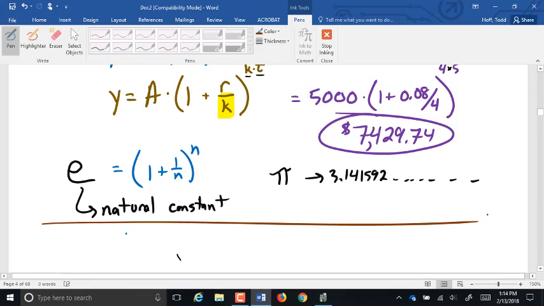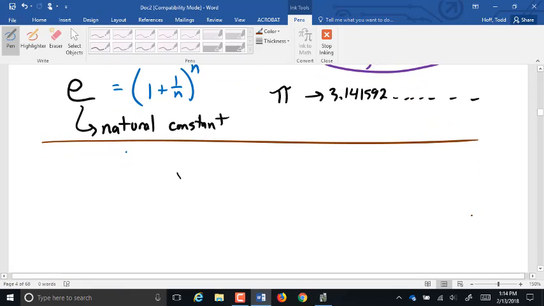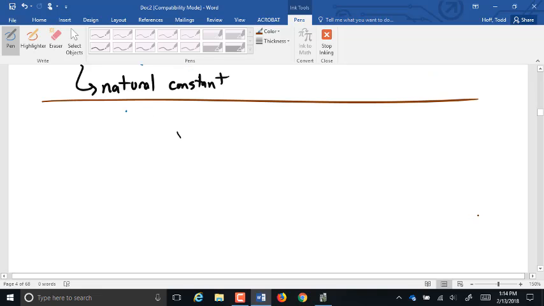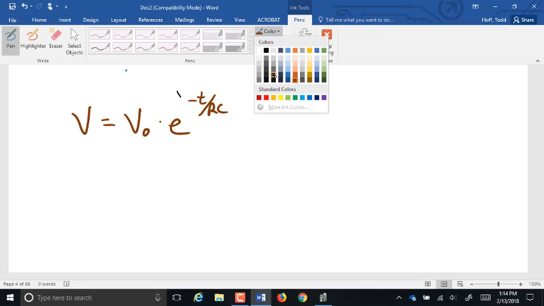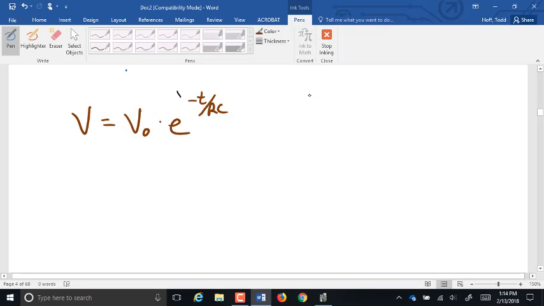So e governs the decay of voltage in a capacitive circuit. So the voltage in a capacitive circuit is equal to the initial voltage times e to the power of negative t divided by RC, where R is the resistance and C is the capacitance. Now I'm actually going to try to be technically correct here.